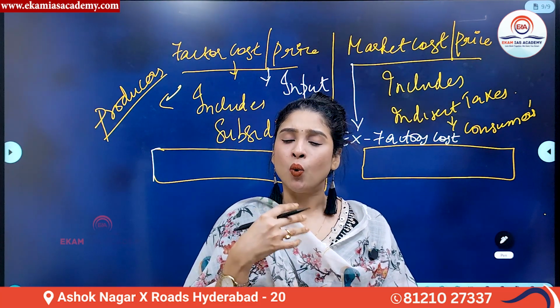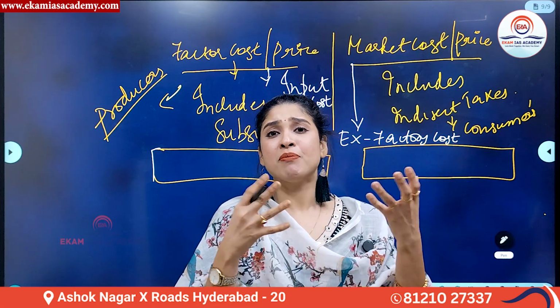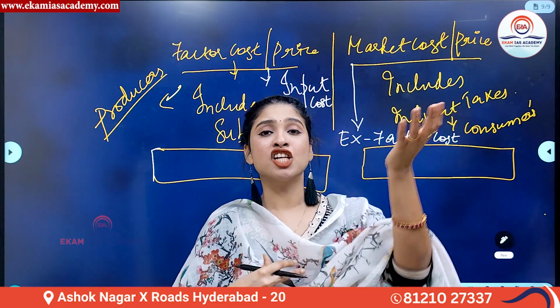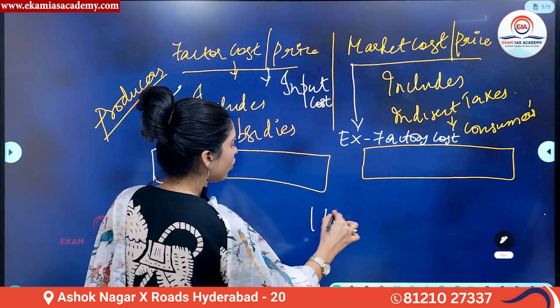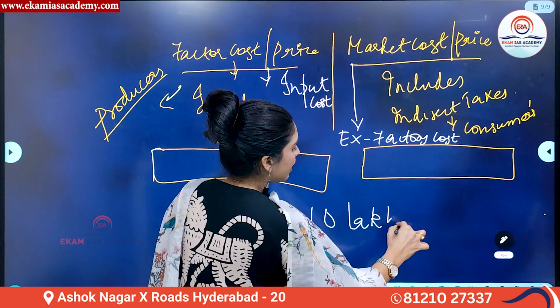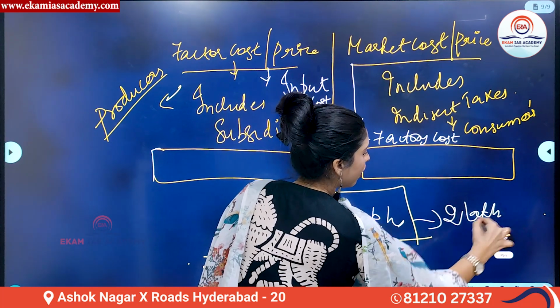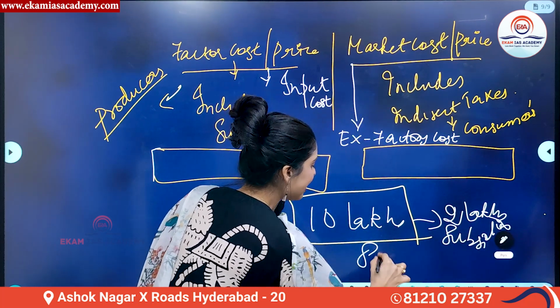And now, when I am producing this leather shoe, initially, if I do not have sufficient money, what will I do as a producer? I can go to a bank and get a loan. Let's say, for example, I've taken a loan for 10 lakhs. Now, the government is giving me 2 lakh subsidies, which means that I need to pay back only 8 lakhs.